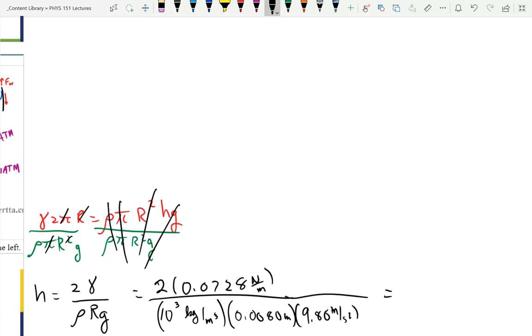And so when you calculate all that through, you get the actual height that it will pull the column up. Is that going to be a big number or a small number? Pretty small. I'm actually going to calculate it because, hey, I've got a calculator in my hand.